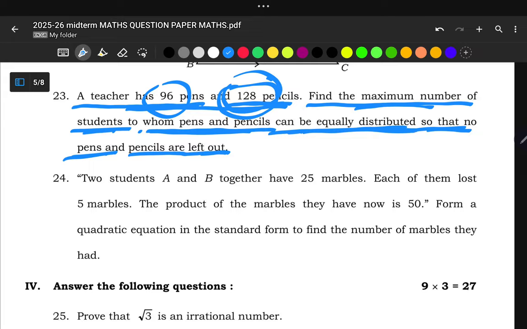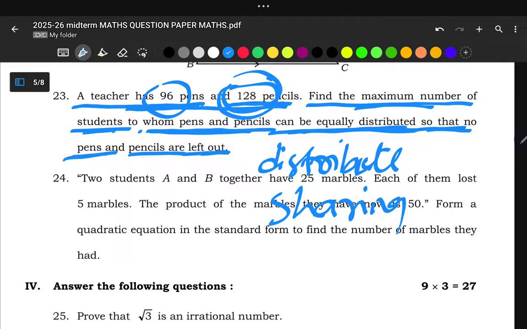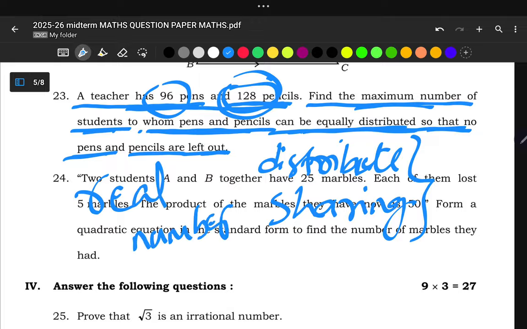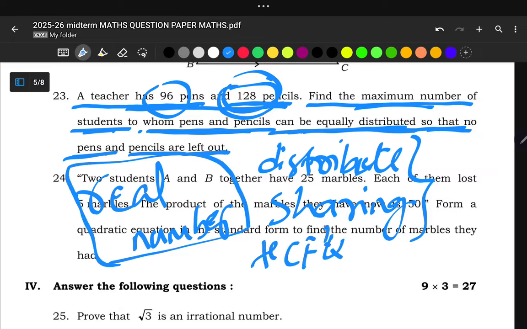In a question, if you get words like distribute and share, this type of question is from the first chapter, real numbers. And in real numbers, the main concept is HCF and LCM.